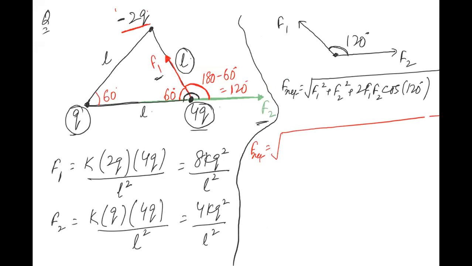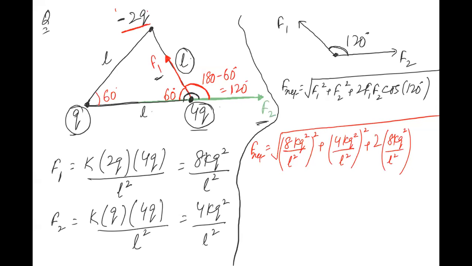F1 is 8kq square upon L square, the whole square, plus F2 squared, that is 4kq square upon L square, the whole square, plus twice of 8kq square upon L square multiplied by the other force, 4kq square upon L square.